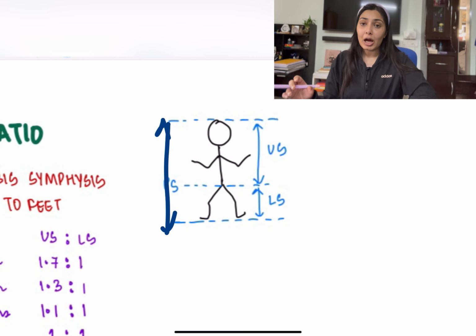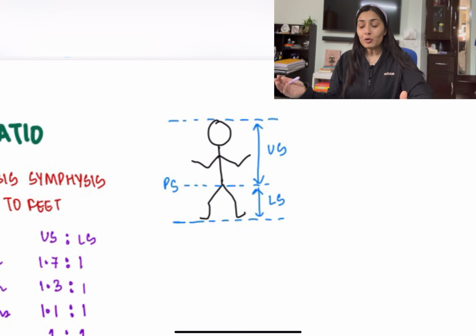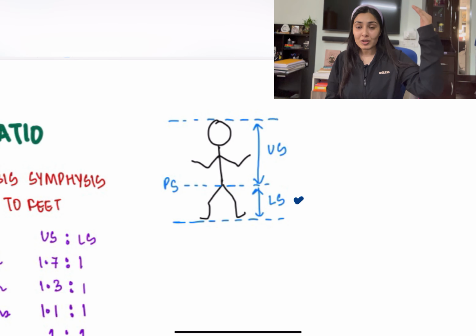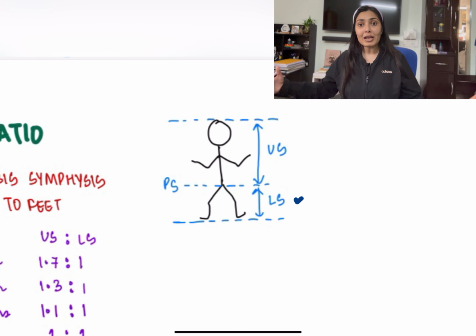So this is normal upper segment lower segment ratio. You can imagine that as the child grows, my lower segment will increase as compared to the upper segment. So this ratio is going to decrease or increase? This ratio is going to decrease. Initially my upper segment is big, and as I grow, my limbs also grow, so my lower segment also grows.